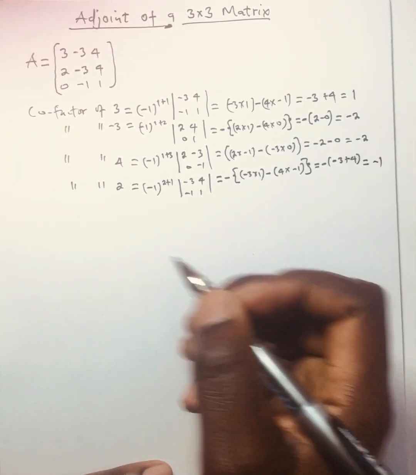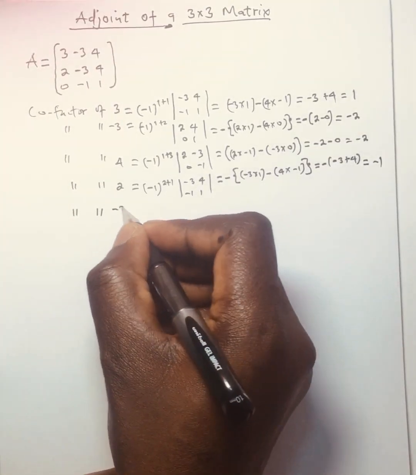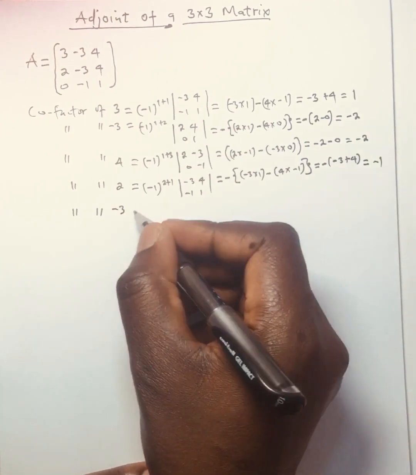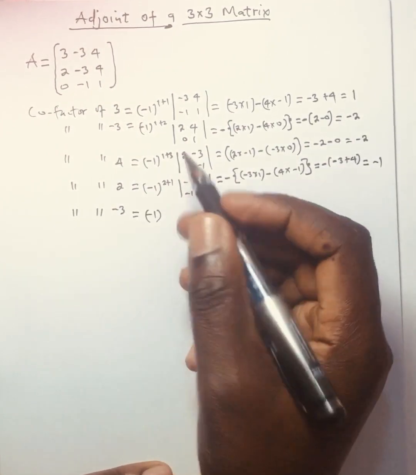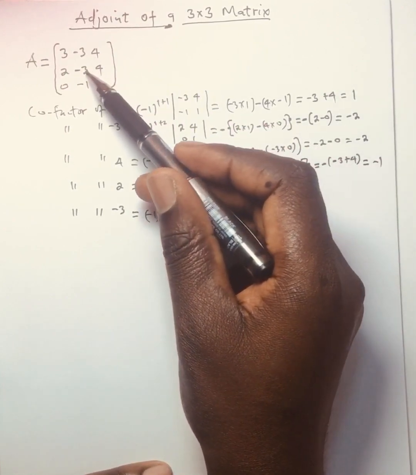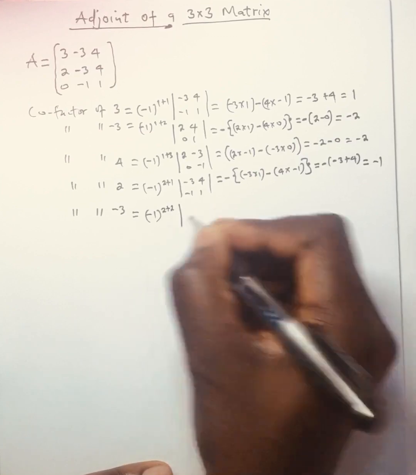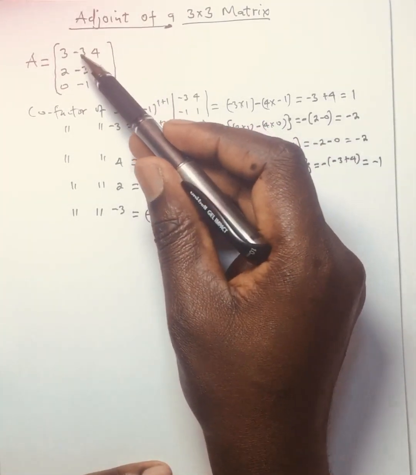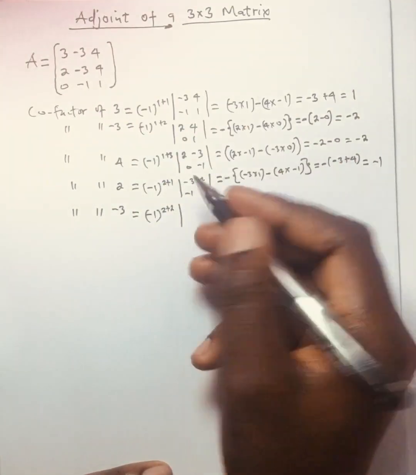The next entry is negative 3. We have negative 1 raised to the power of its position, row 2, column 2, that is 2 plus 2. If you cover its column and its row, you're left with 3, 4, 0, 1.